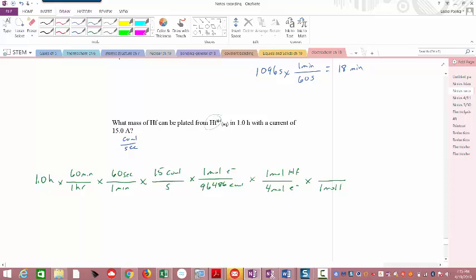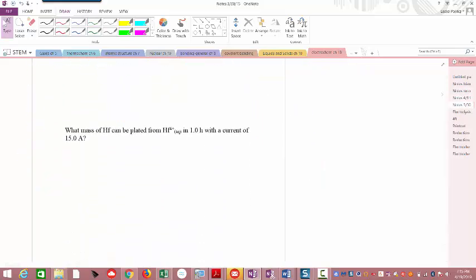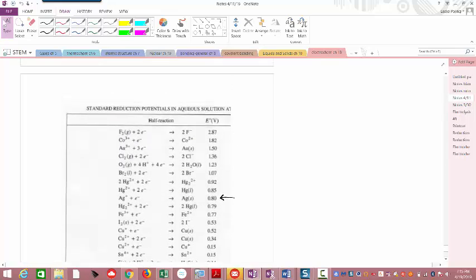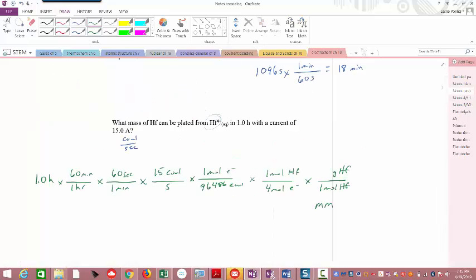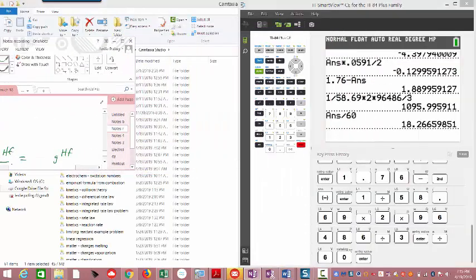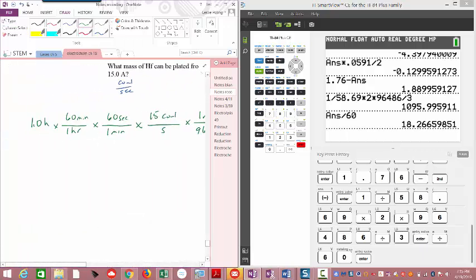In 1 mole of hafnium, we have a certain number of grams of hafnium, molar mass. Oh, I didn't work it out on that example. Okay, let's find it. There we go, 178.5. And that's going to give us our grams of hafnium. So, calculator time. All right, 60 times 60, that's that many seconds. So I'm just going to start from there.